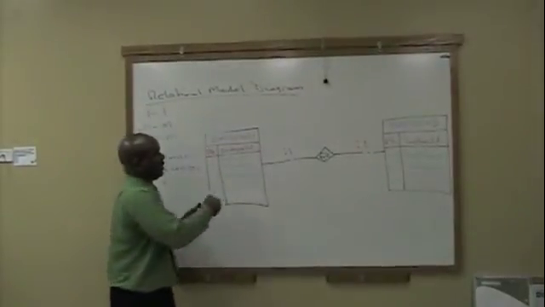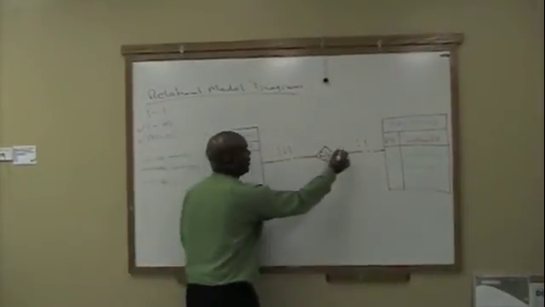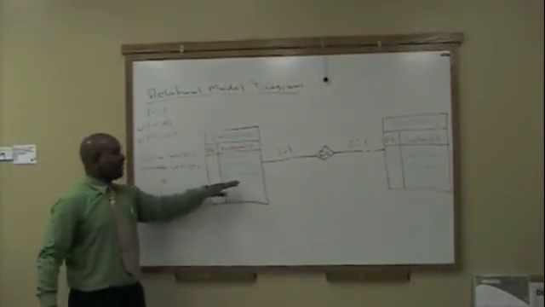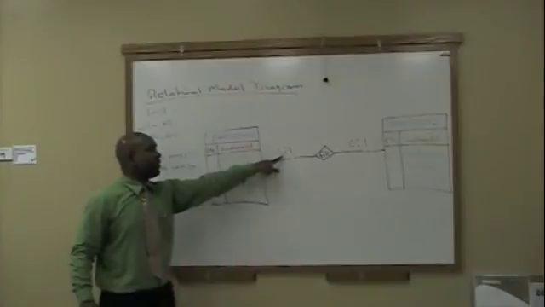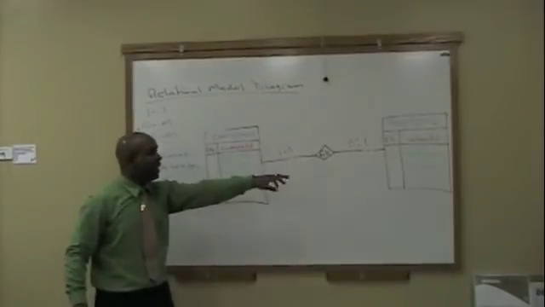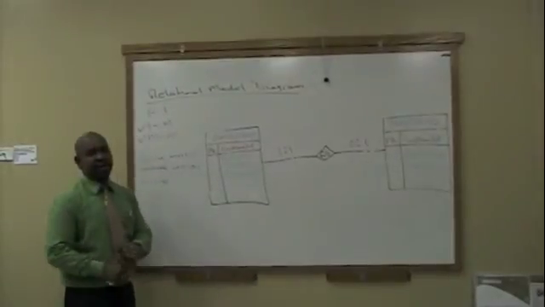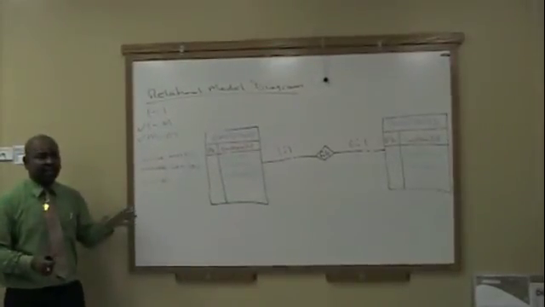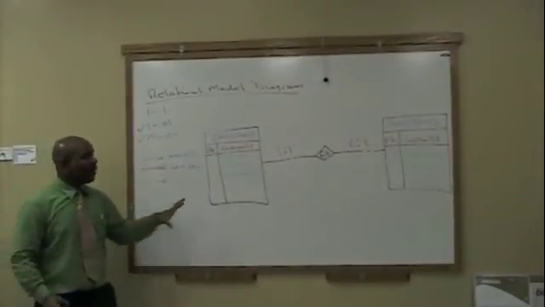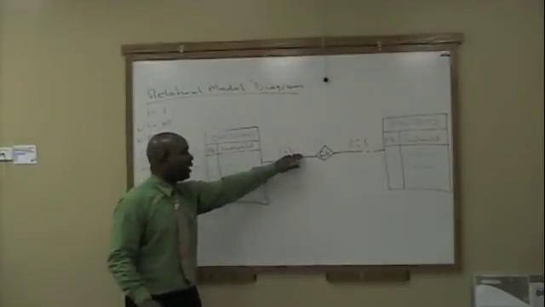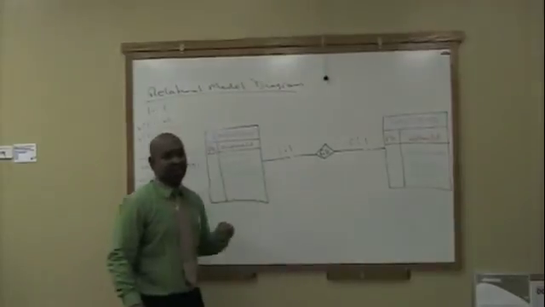Let's have it like this: 1 here and 0 here. Makes a little more sense. Which states that an employee must fill only one position and a position can be filled by only one employee. However, I'm just trying to demonstrate the fact that we have a one-to-one relation.